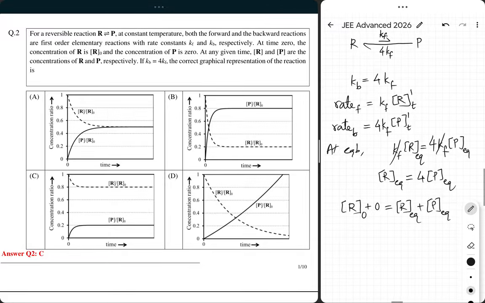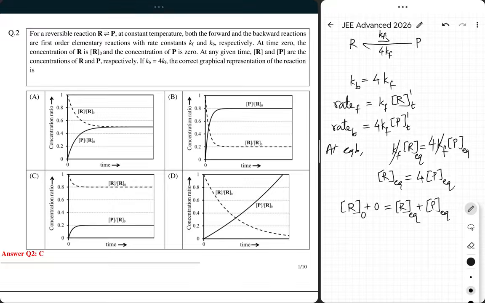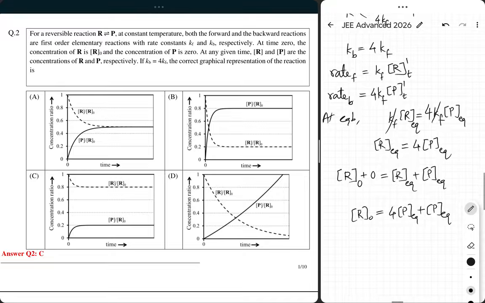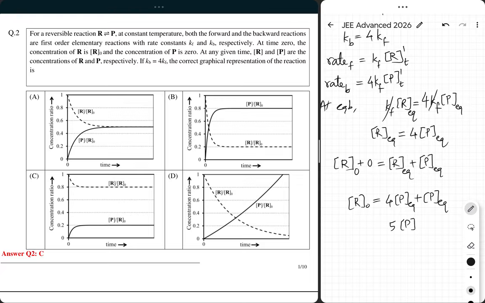And from these equations we can find out equilibrium concentration of R and P, and that should be 4 P equilibrium plus P equilibrium equals R naught, 5 P equilibrium equals R naught. So P equilibrium is 1 by 5, 0.2 R naught.